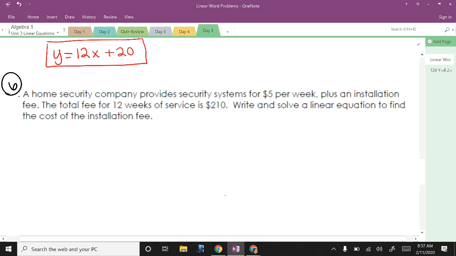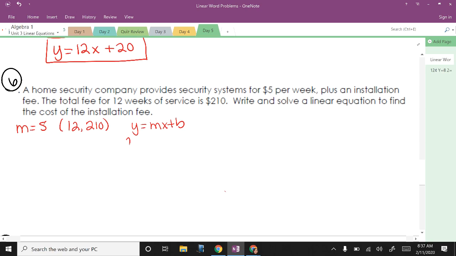All right, did y'all say that the slope was 5 and the ordered pair is what? 12 and 210. So you got B, didn't you? Yep. So y equals mx plus b. What goes in for y? 210.